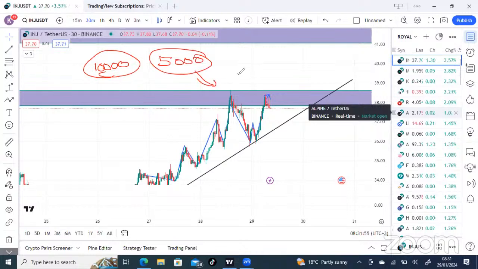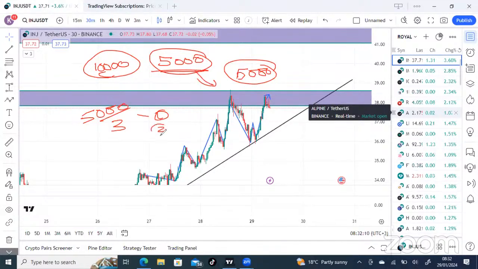And I remain with $5,000 unused. So today, I will divide this 5,000 into three, trade signal 1, trade signal 2, trade signal 3.